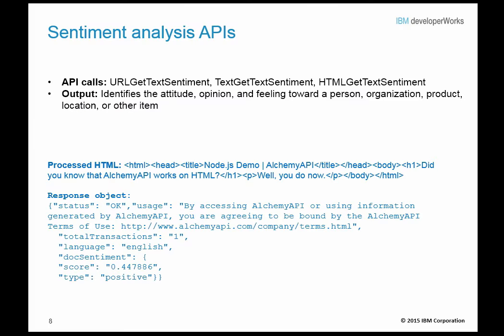Alchemy API provides the capability to identify positive and negative sentiment within any document or web page. Alchemy API sentiment analysis APIs are capable of computing document-level sentiment, user-specified sentiment, entity-level, and keyword-level sentiments.